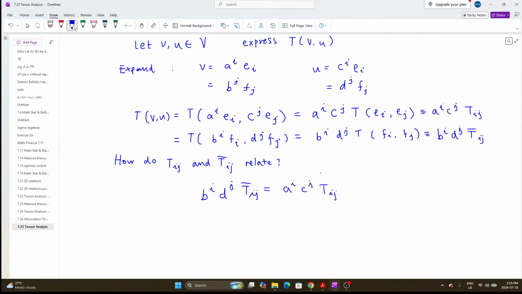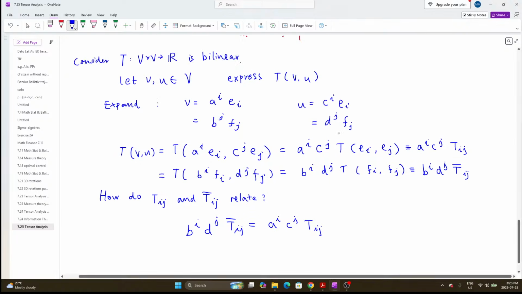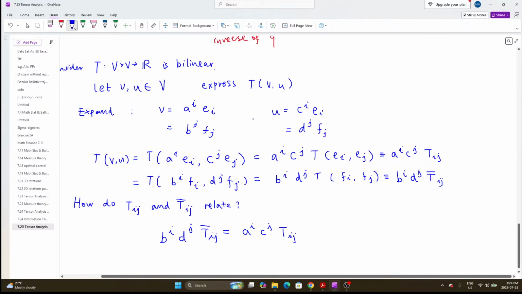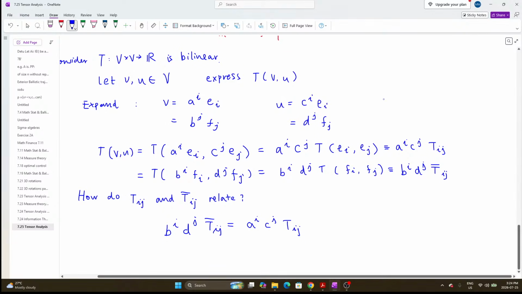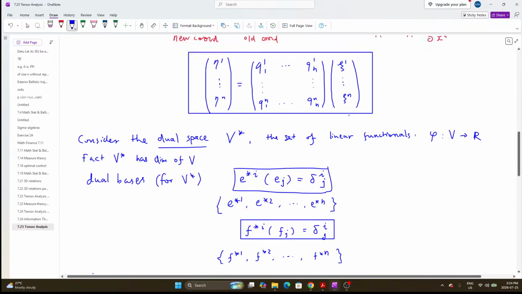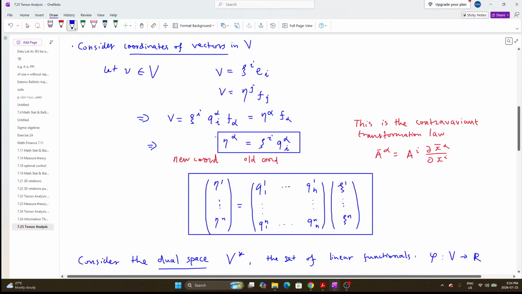Let's think about the relationship between A B and C D. Remember, A is the old coordinate, C is the new coordinate. So they are related. According to our transformation law earlier, how do coordinates transform? To get the new coordinates of a vector, you use the old coordinates of a vector and then multiply by the Q matrix.